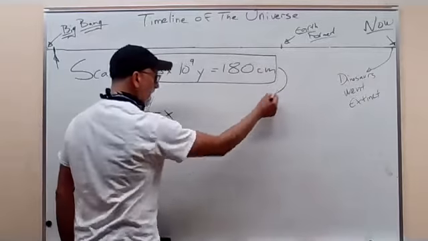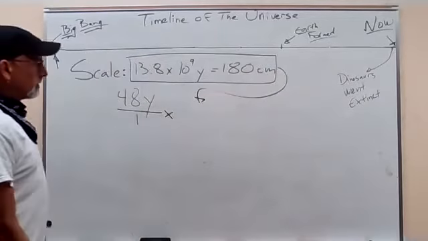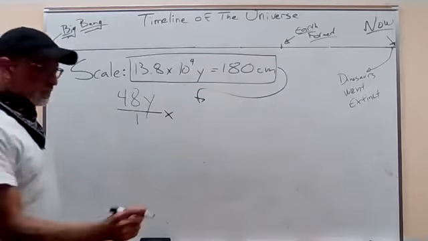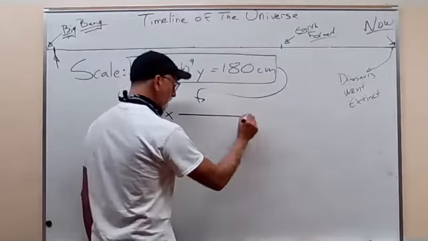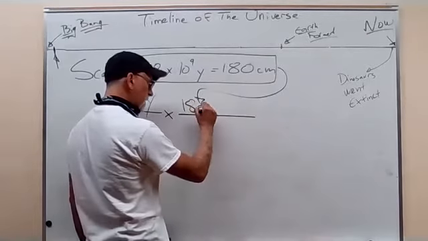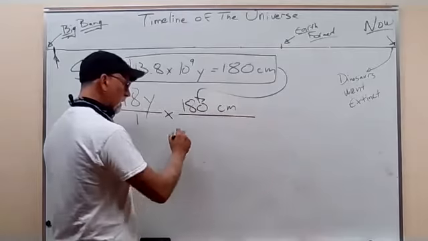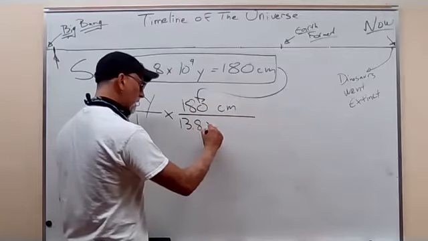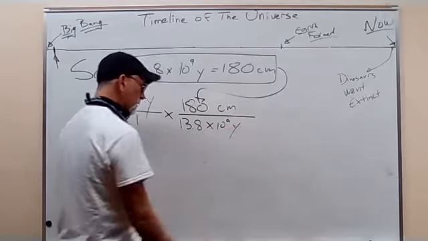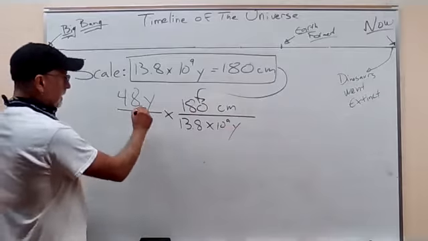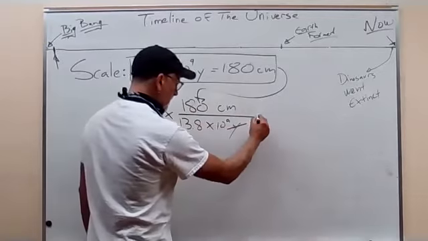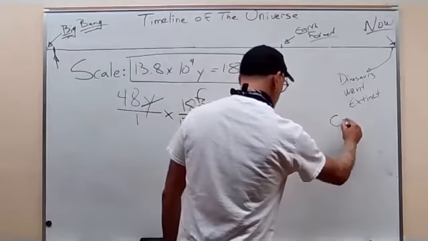I'm going to take my scale. It's the same scale from the previous problem. That doesn't change. I go 180 centimeters divided by 13.8 times 10 to the 9th years. Years cancels out. I get an answer that's in centimeters.